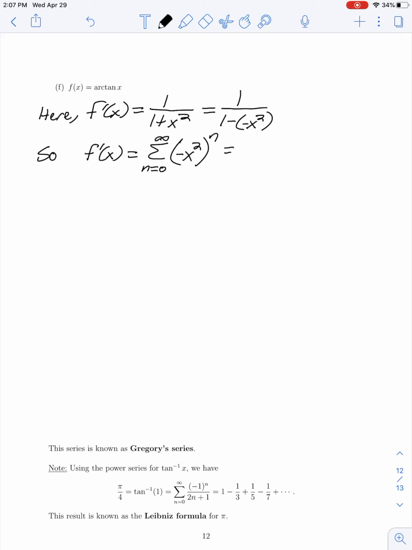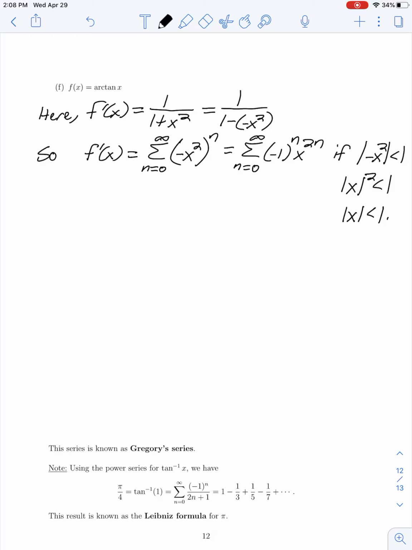And I can rewrite the series in this way, or simplify it, as the sum from 0 to infinity of negative 1 to the nth times x to the 2n, provided that the absolute value of my ratio, negative x squared, is less than 1. Or equivalently, absolute value of negative x squared is the same as the absolute value of x squared. So that needs to be less than 1. And then taking the square root of both sides, we find the absolute value of x would have to be less than 1.